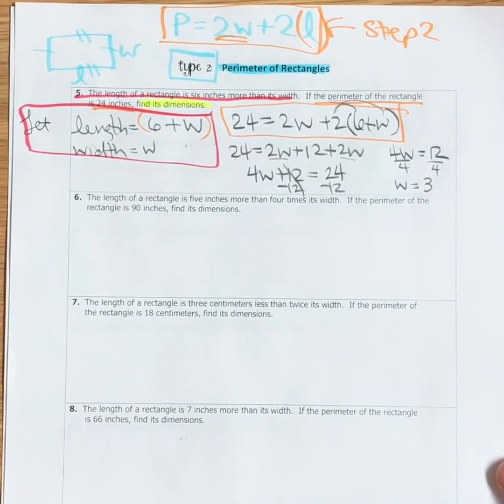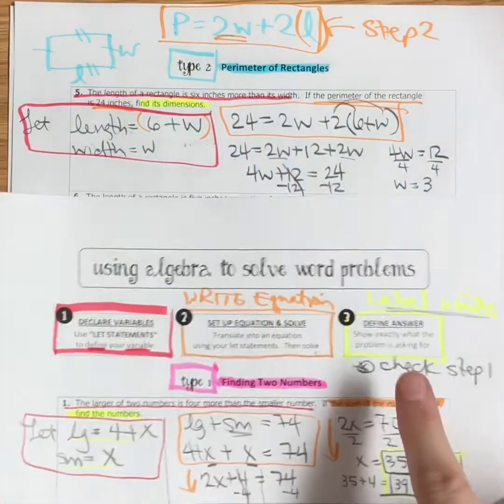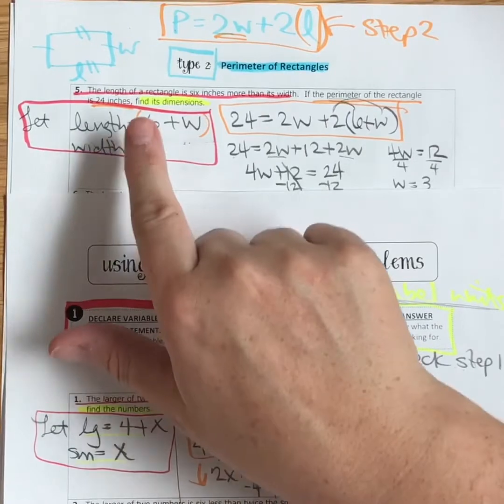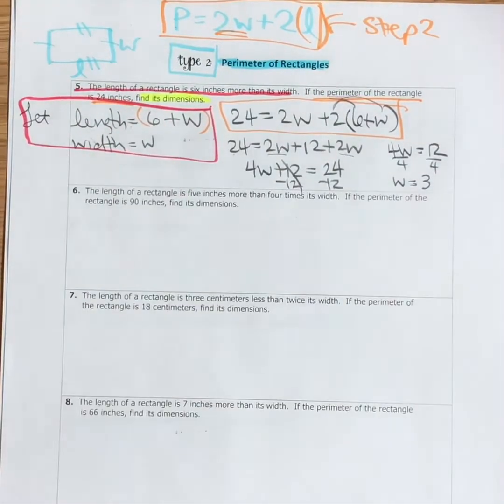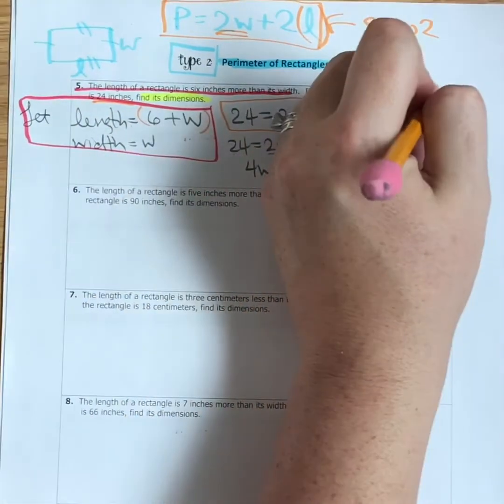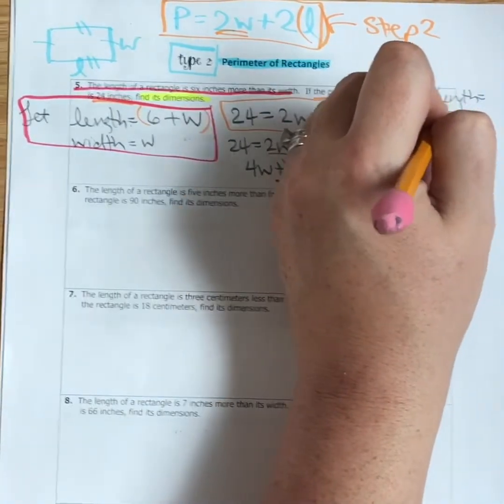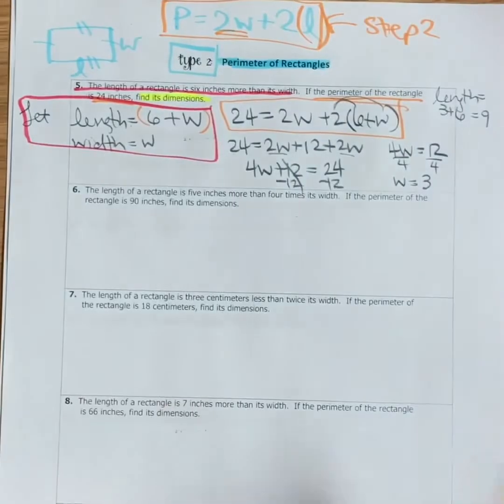Now, remember we said on step 3 we need to check step 1. So we got the W, but now we need to add 6 to find the length. So our length is going to be 3 plus 6, which is 9. But there's one extra step, okay?